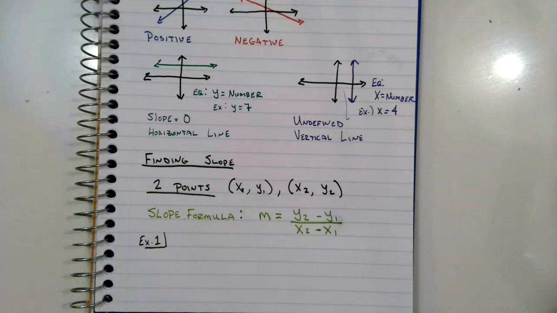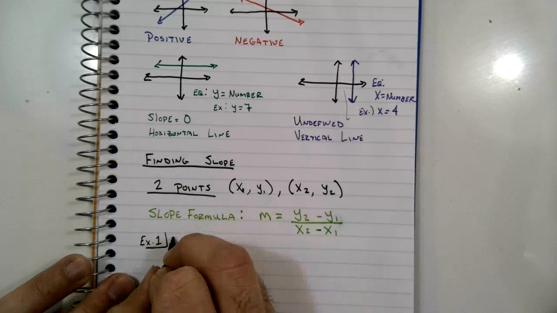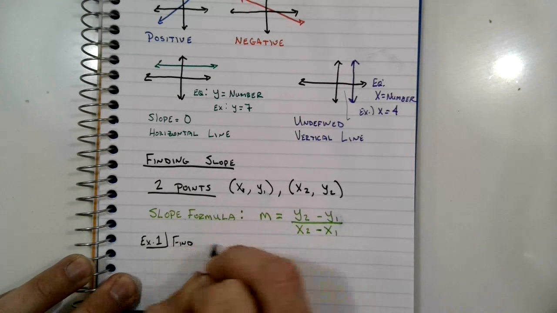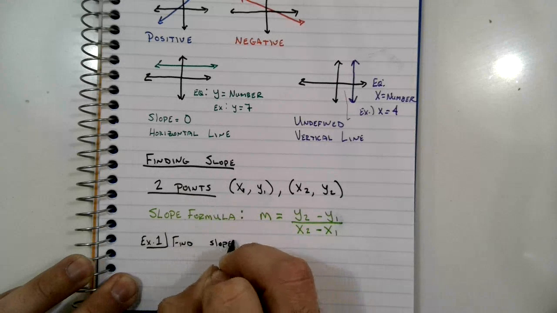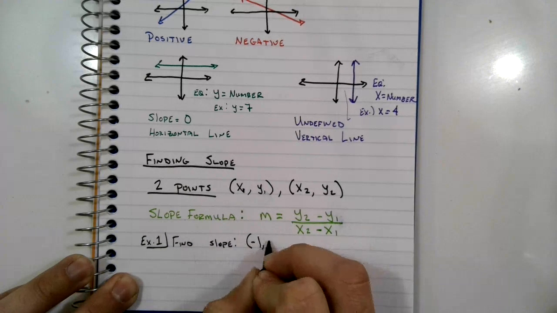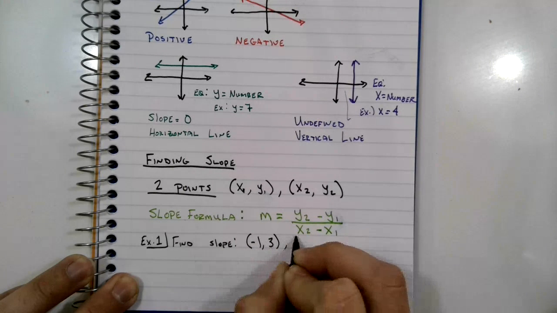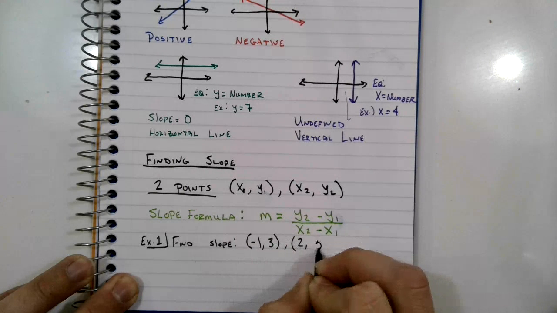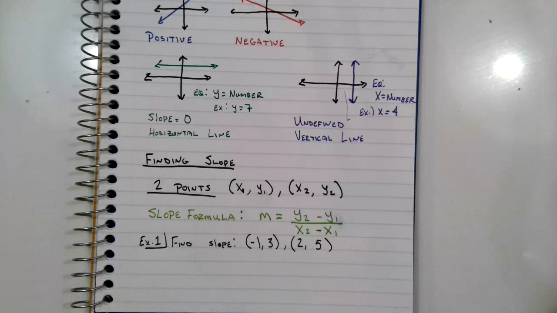All right, so our example here. Let's say we have 2 points. We're going to find slope. And let's say we have -1, 3, and 2, 5. All right, we're going to find the slope of this line. So step 1, and you don't have to do this step.